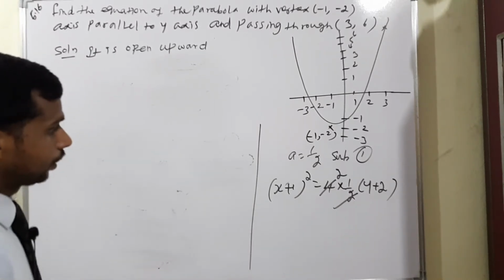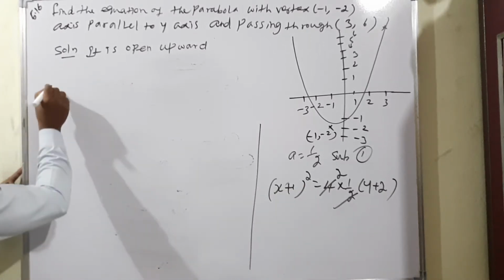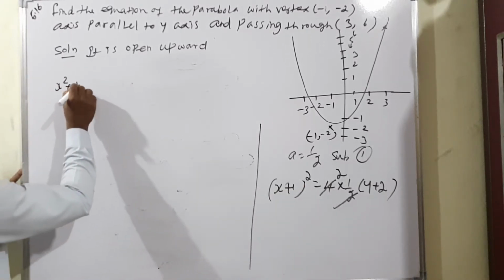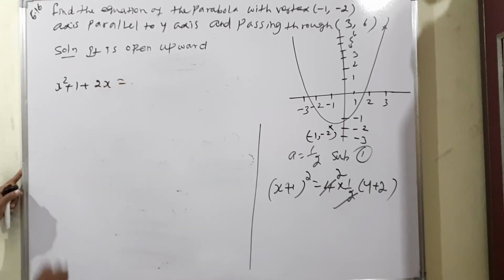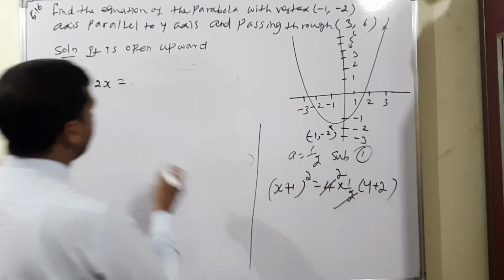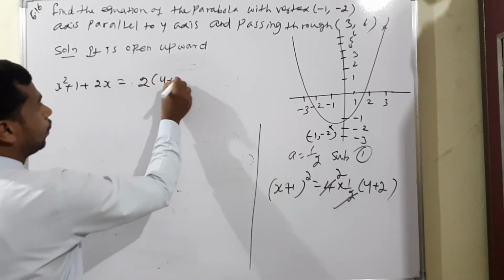Expanding (x plus 1) squared as (a plus b) squared, we get x squared plus 1 plus 2x equals 2(y plus 2).